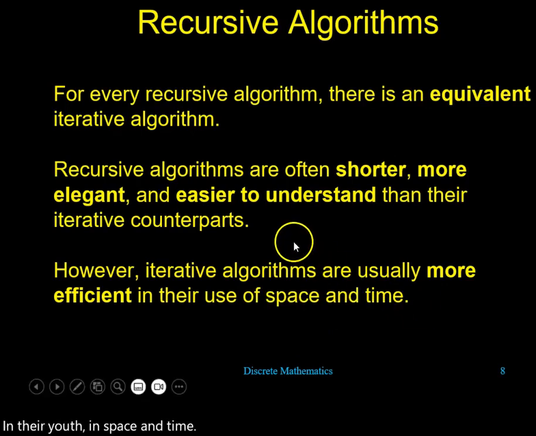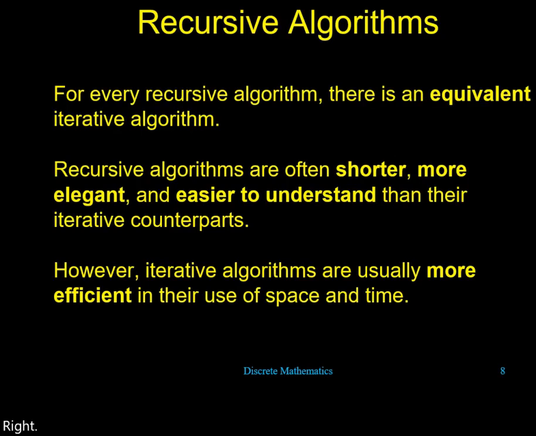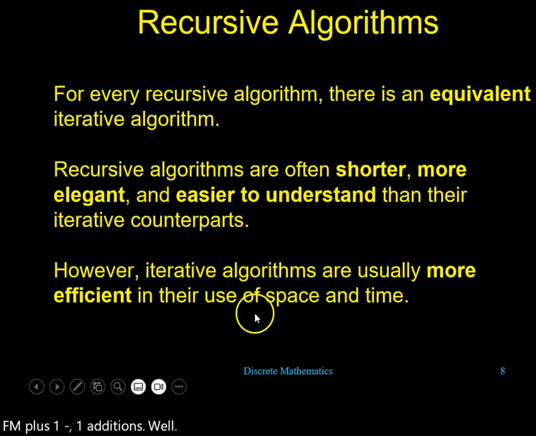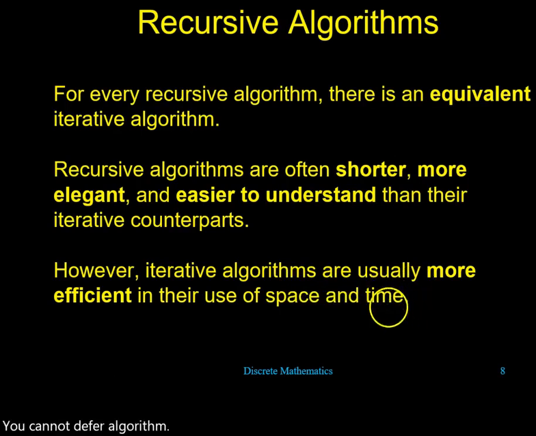We know that computing Fn with the recursive algorithm requires F(n+1) minus 1 additions, while computing the nth Fibonacci number using the iterative algorithm requires n minus 1 additions, and F(n+1) grows faster than n.